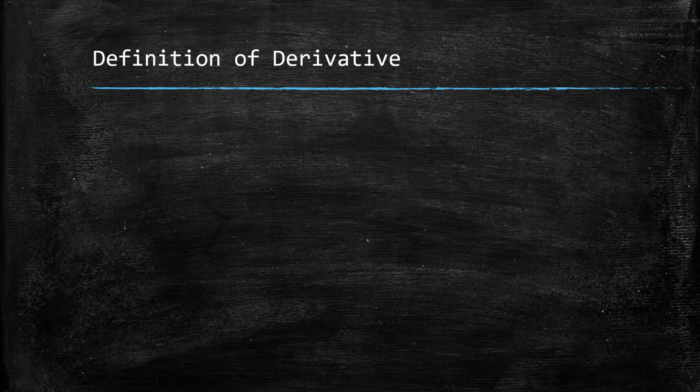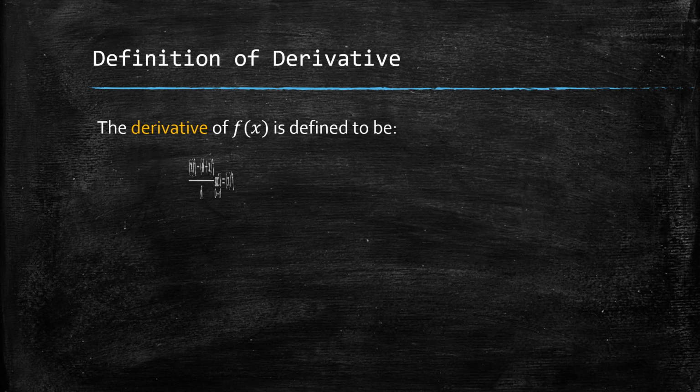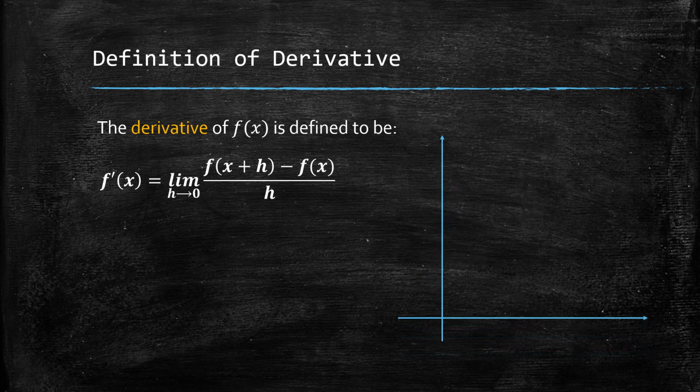So let's pause here to give a formal definition of the derivative. The derivative of f of x is defined to be another function, which we call f prime x, which is equal to this limit. And if we take a look at what this means, just to give it context, instead of calling this a, we will call this x to keep it general.